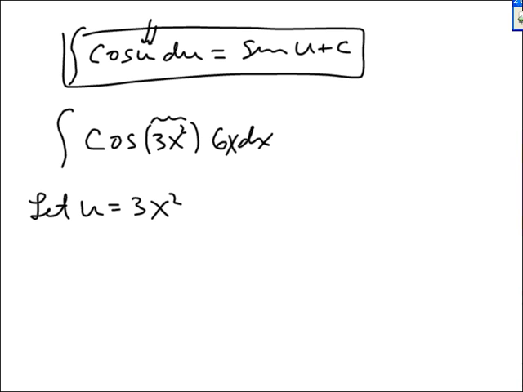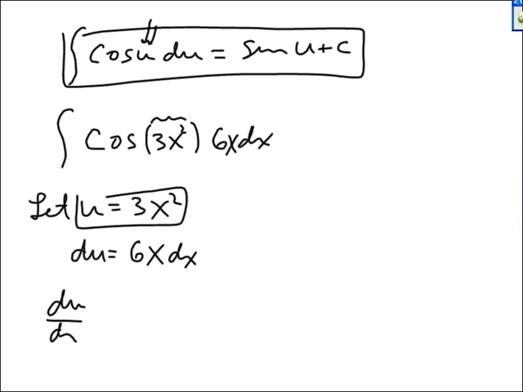If u equals 3x squared, well then du is very similar to the derivative, except the dx goes up here. Remember, if that's u, well then du/dx is 3x squared. This can go up on top.